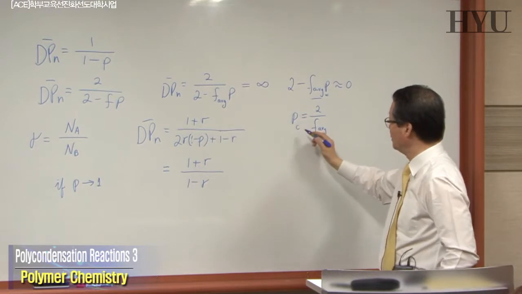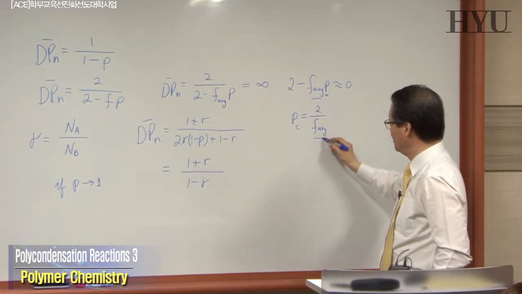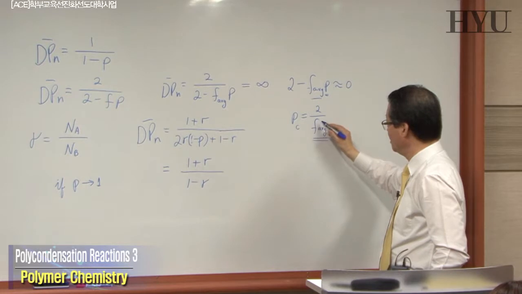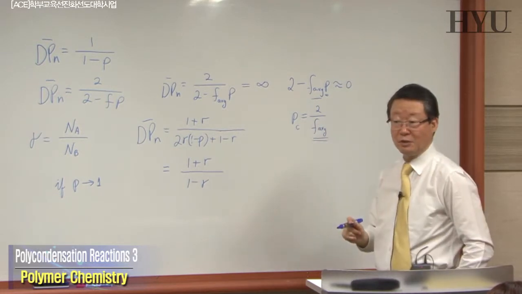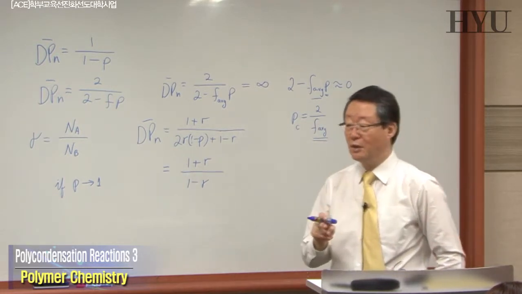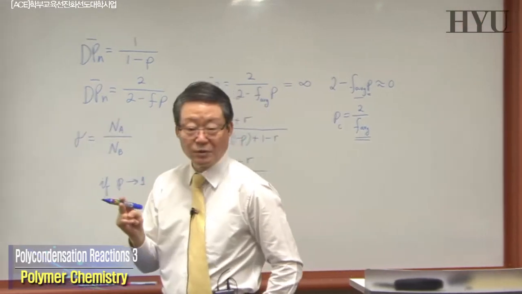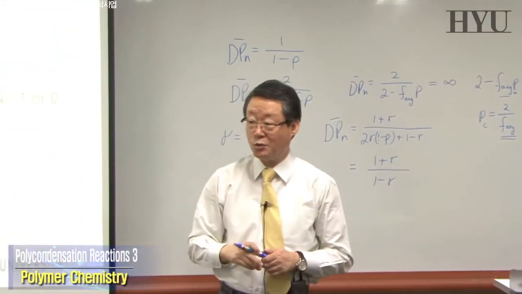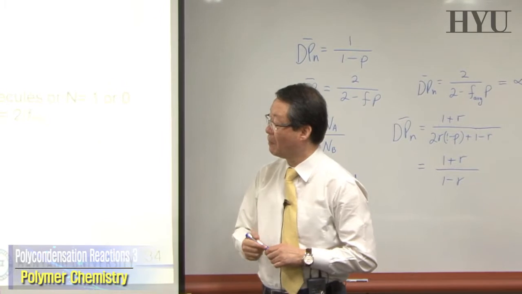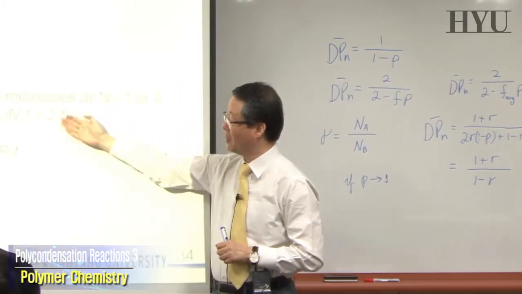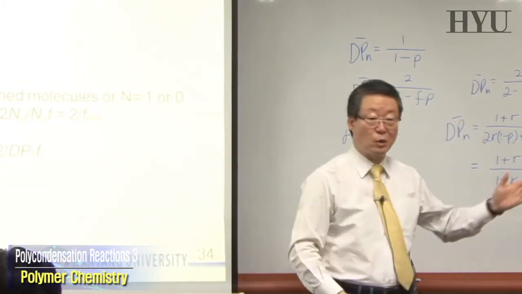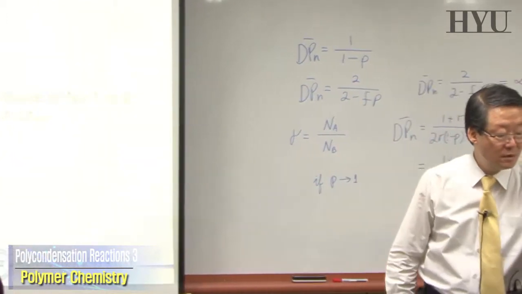At the gel point, you can predict the gel point from the F average. So if you know the F average, the conversion at which it becomes a gel point can be calculated as well. Okay? Although I have elaborated a little bit more, this is what I'm going to tell you.